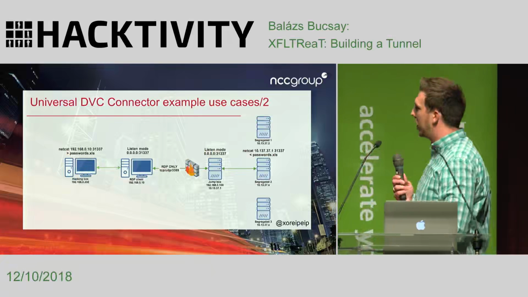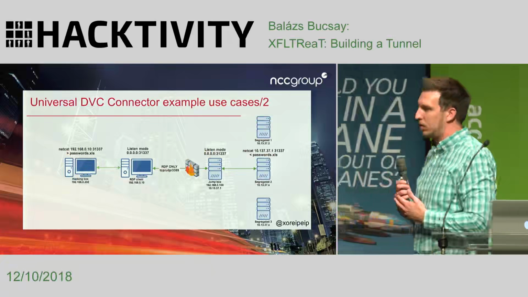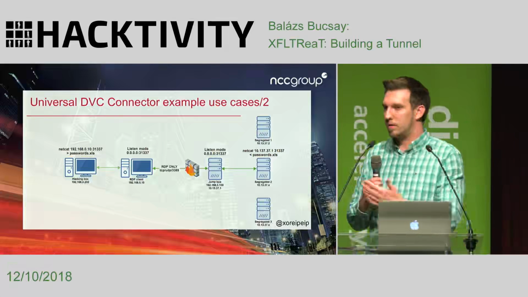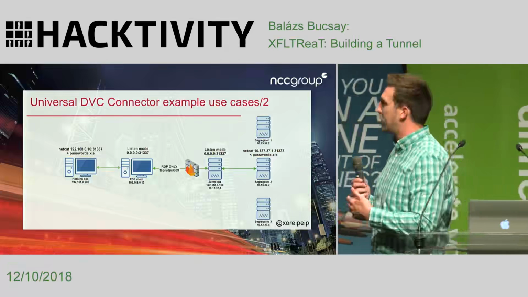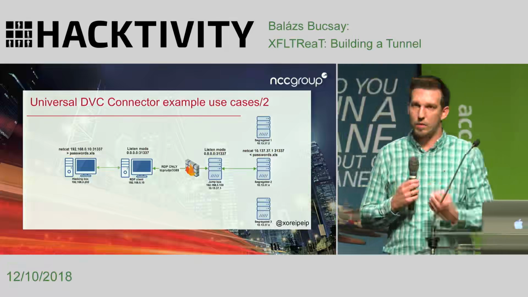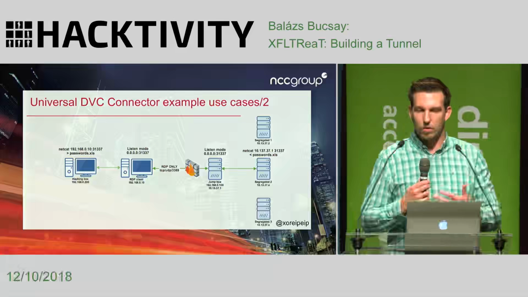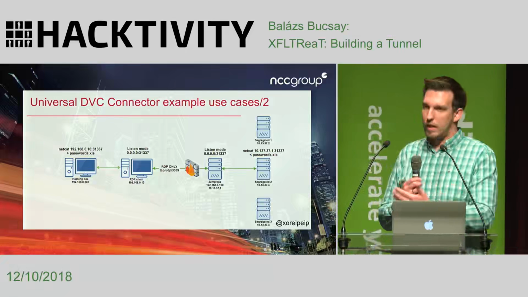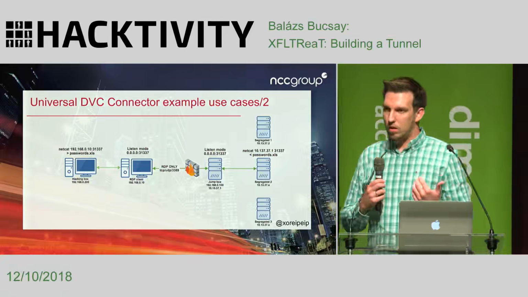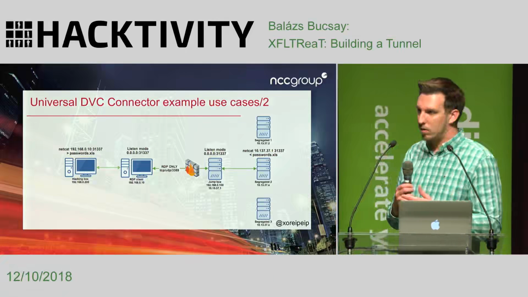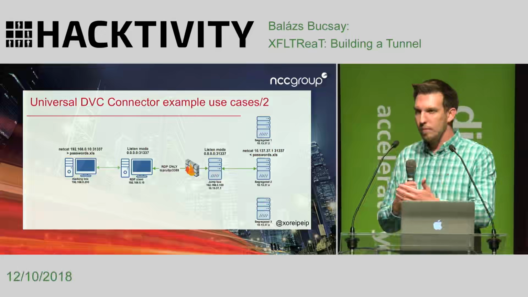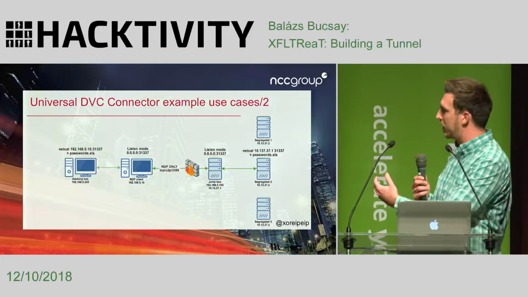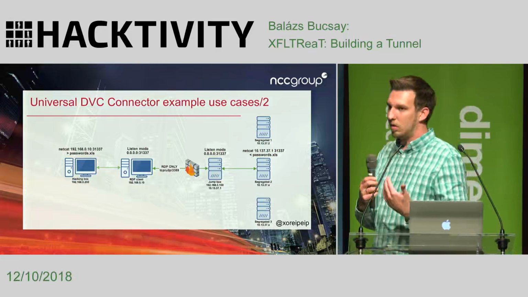There is another use case that you can use. For example, on the segregated box, you found a passwords.xls file. So you want to exfiltrate that, you want to grab that file, but you can't really do that any other way, just if you are using this tool, for example. So you set up both sides in listen mode. You go to your hacking box on the left-hand side, you connect to the client box, and you wait for the content of the file that will be written into passwords.xls on your computer.